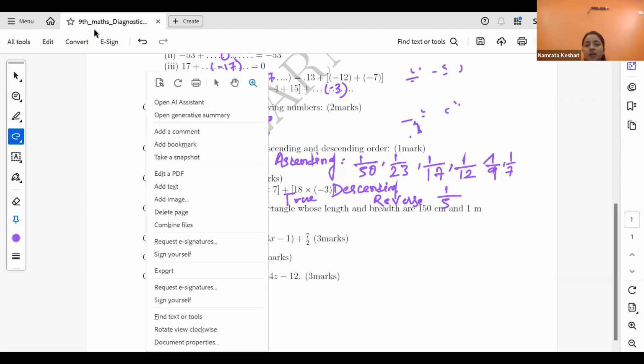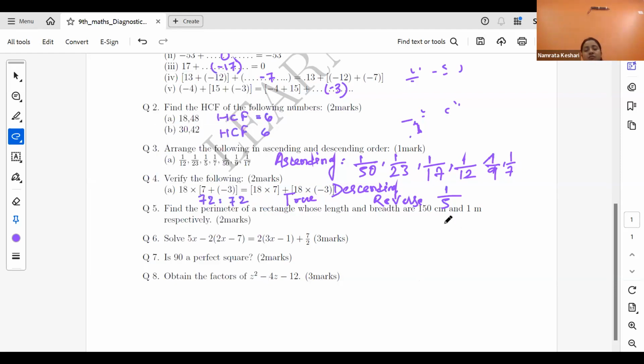Our length is 150 and breadth is 1 meter. Five hundred centimeter. Yeah.